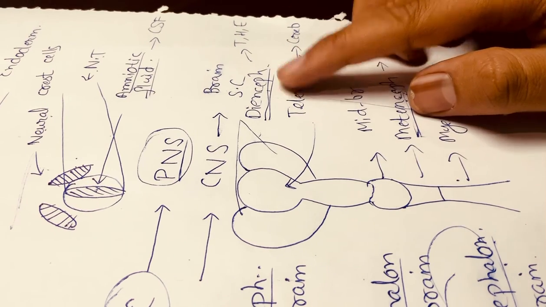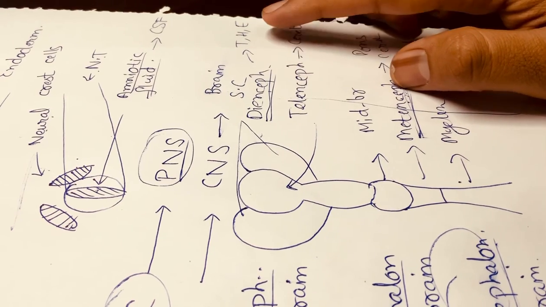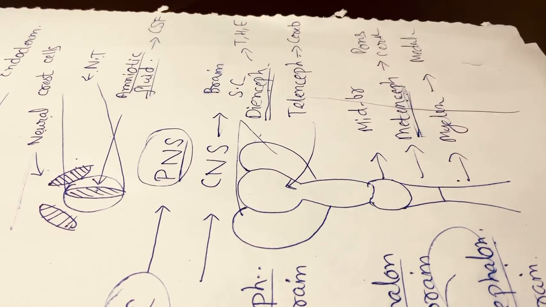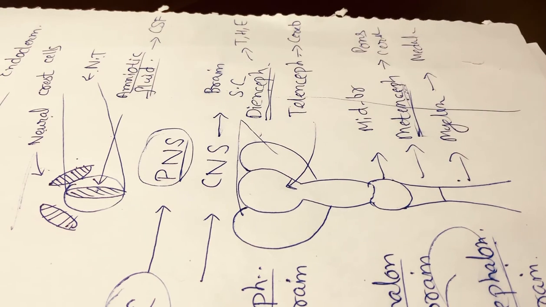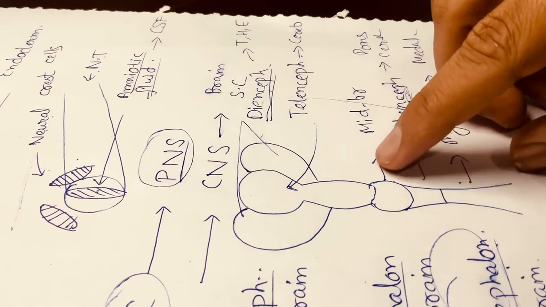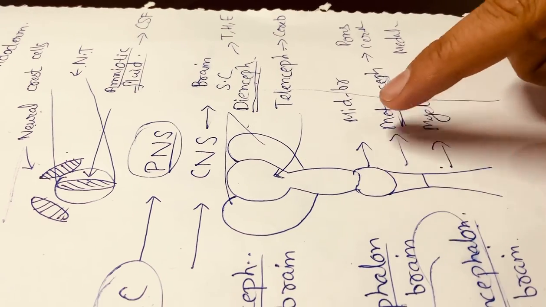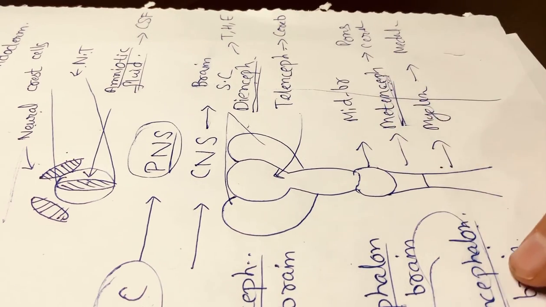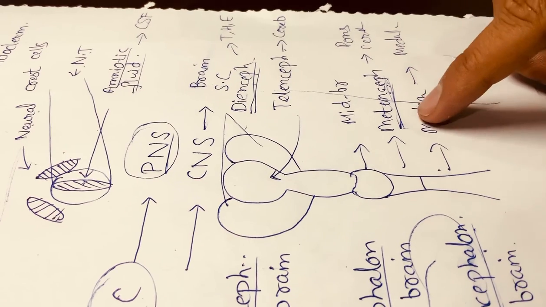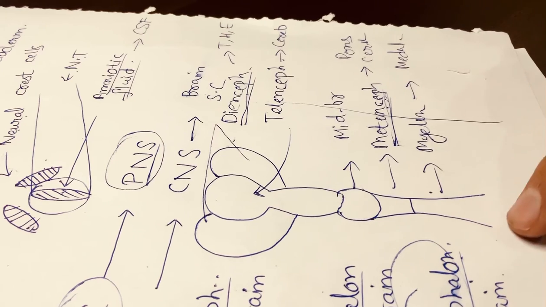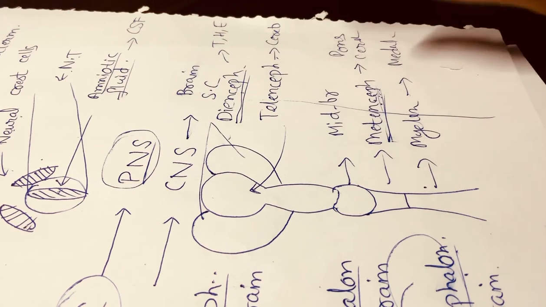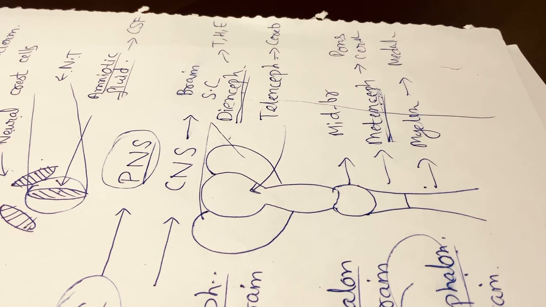Diencephalon is nothing but an accumulation of thalamus, hypothalamus, and epithalamus. Epithalamus is generally not visible, and this telencephalon is nothing but cerebrum, including cerebral cortex joined by corpus callosum. Now after that we have midbrain. Midbrain is formed by mesencephalon, and then we have rhombencephalon, which gets divided into metencephalon, forming pons varoli and cerebellum. Then this myelencephalon forms the medulla oblongata, which forms posteriorly what thing?